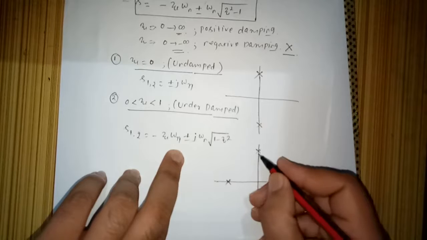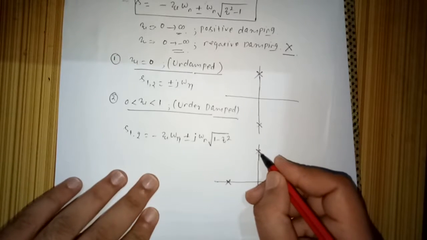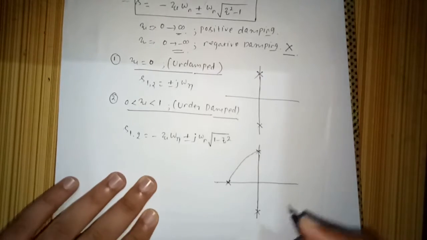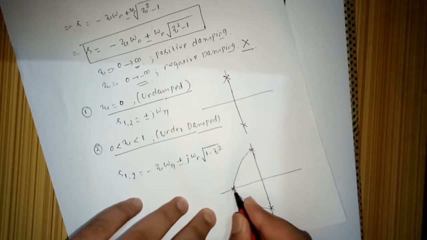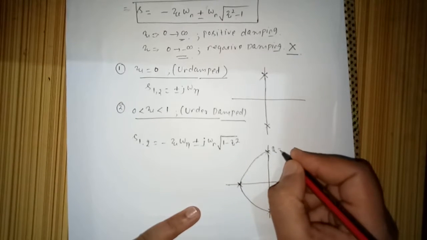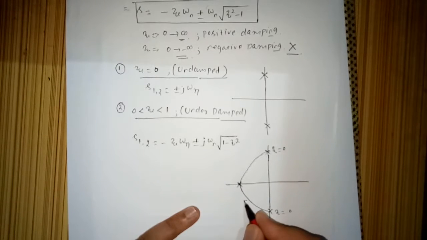But when zeta is varying between 0 and 1, how will the pole location move? The pole location will move like this, and from here it will move like this, right? So this part belongs to zeta equal to 0, and this part belongs to zeta between 0 and 1, right?